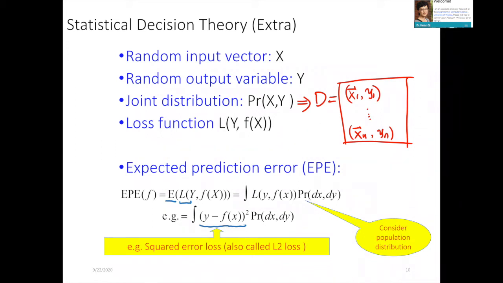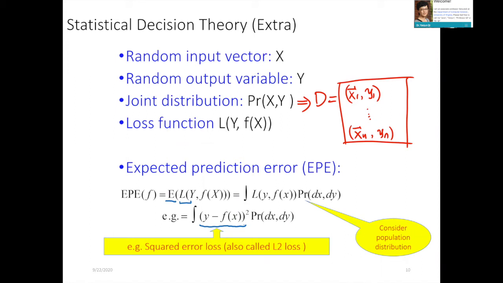So now the question is, what is the probability we consider? Because it's an expectation, and an expectation has to be about a random variable. So what is my random variable here? In fact, the random variable here is the combined random vector (x, y). We assume your input x is a random vector, your output is also random, and you concatenate them together.